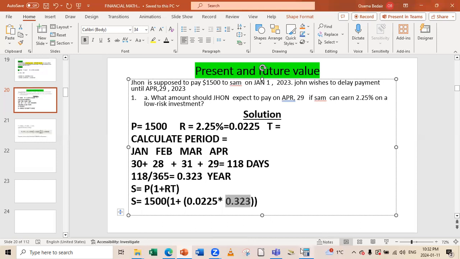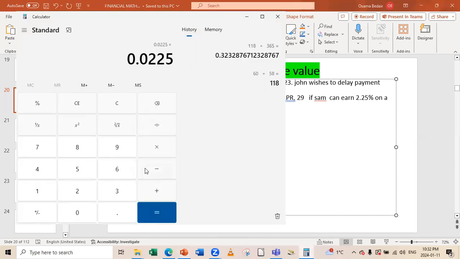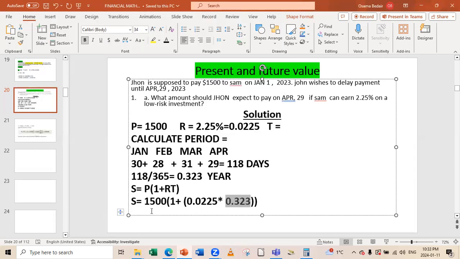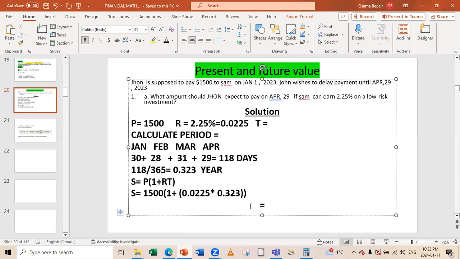Control C. Go back to the calculator and take this amount, Control V. That will equal 0.007. So here I will take it this way, and I will say that will simply equal, let's move it to the left here.